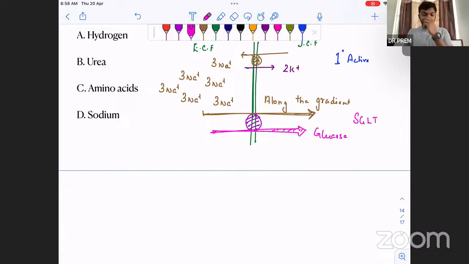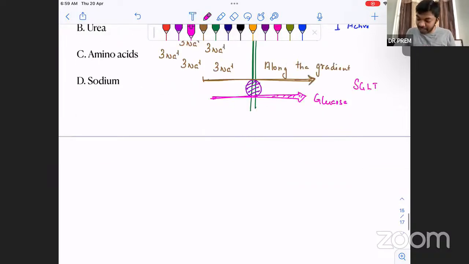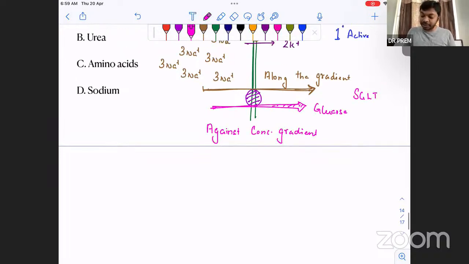In whatever the scenario, there is always movement of sodium along the concentration gradient, and there is always movement of another ion against the concentration gradient. So the second ion is transported against the concentration gradient while sodium is transported along it.